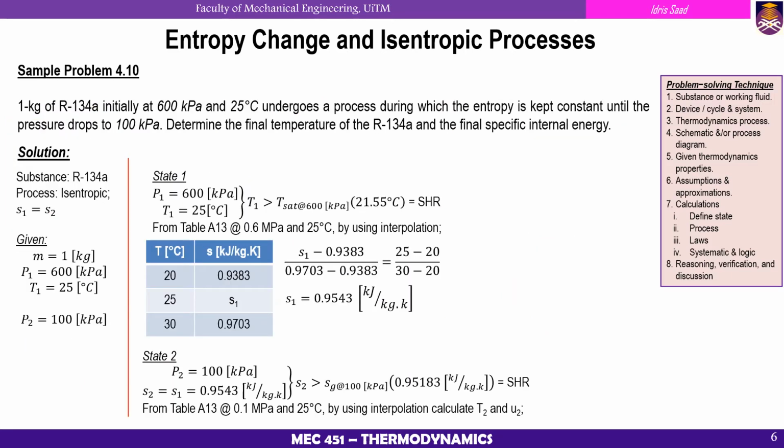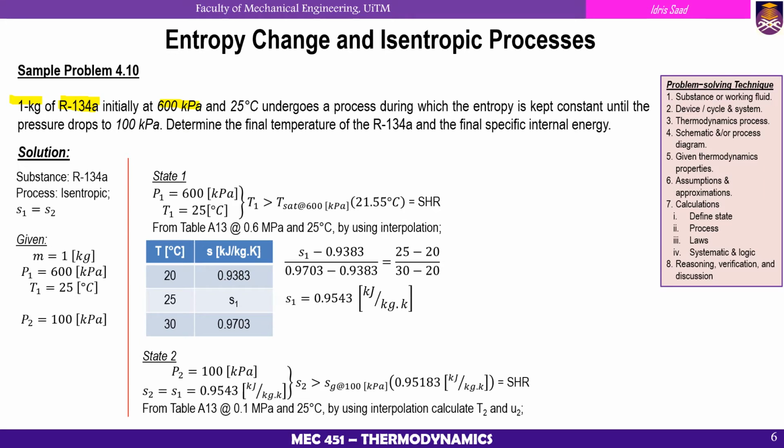Okay, this is sample problem 4-10. It also exemplifies the thermodynamic problem that requires the knowledge of entropy or isentropic processes. Okay, let us look at the question. It says that 1 kilogram of R134a. So now we can identify our substance, which is the refrigerant R134a, initially at 600 kilopascal.